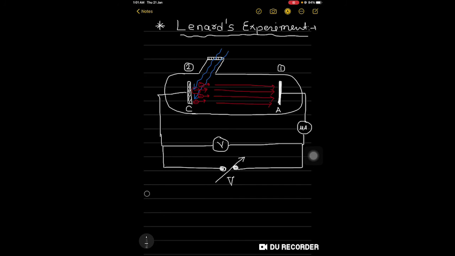So here, as the power supply is given, initially this plate is kept positive and this is kept negative. So in between them a strong electric field will develop, and due to that electrons will start moving towards the positive plate.